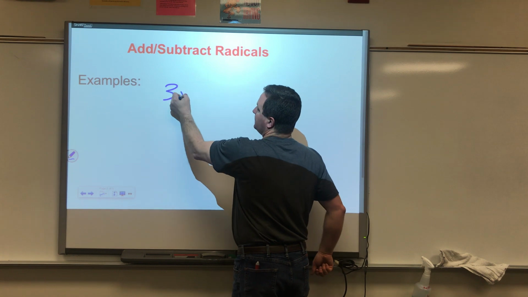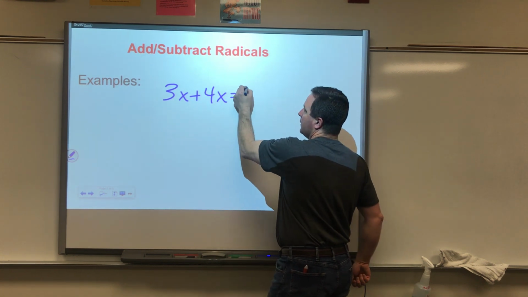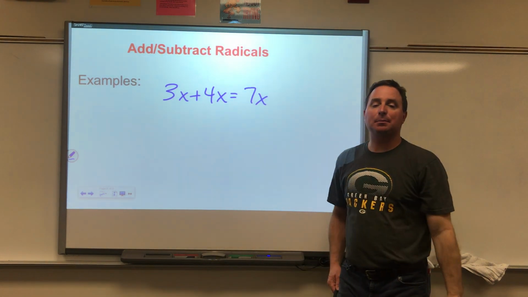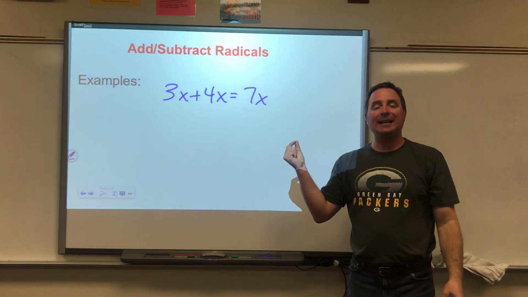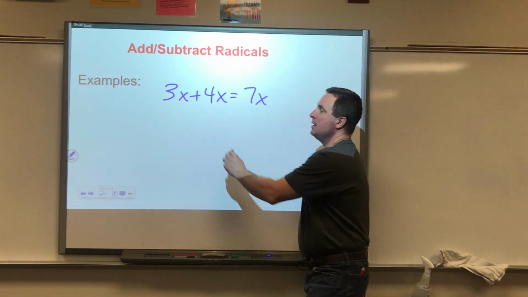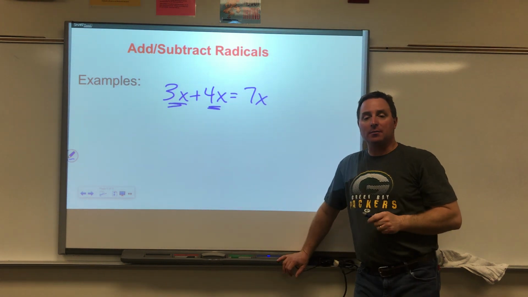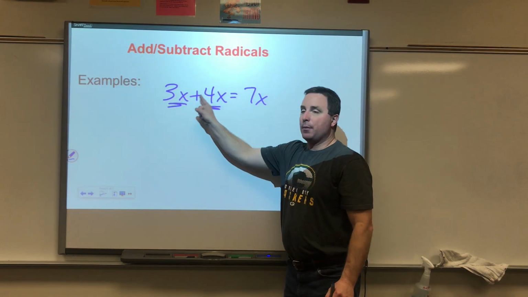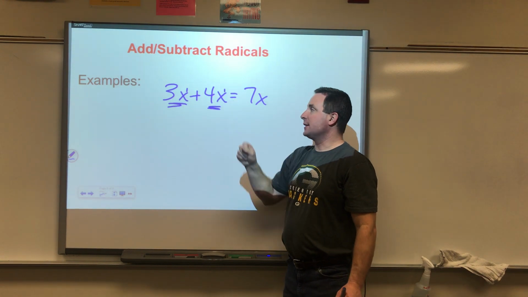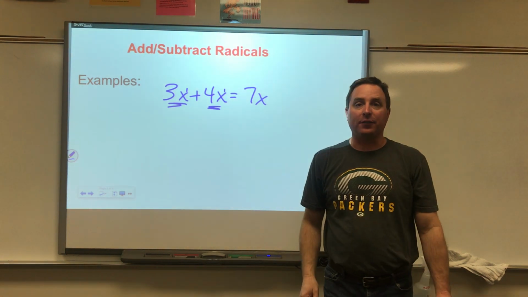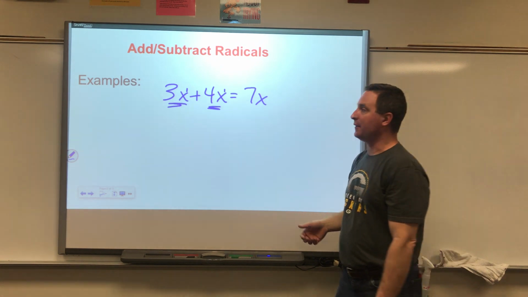You guys know a lot about this. 3x plus 4x is 7x. Why can I add those together and get 7? Because these two things are like terms. And what makes them like terms is the variable. They both have an x, and it's also x to the first power. 3x plus 4x is 7x.